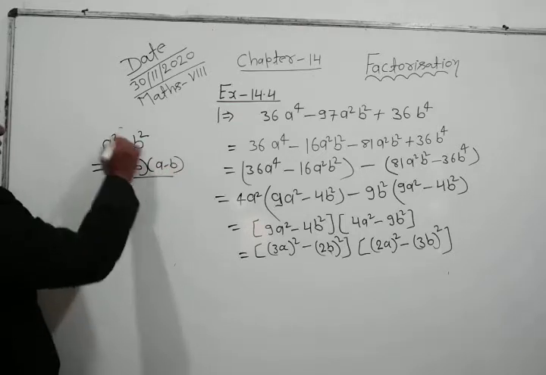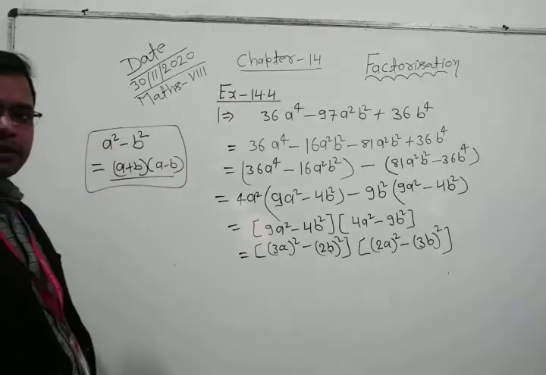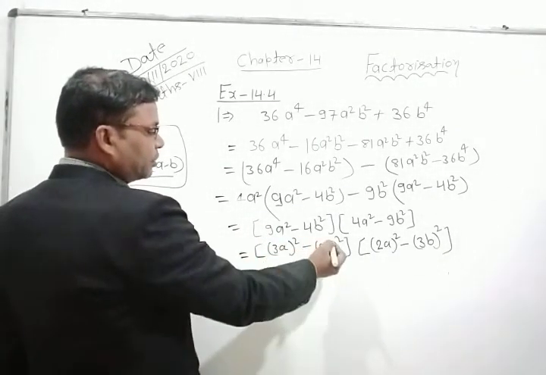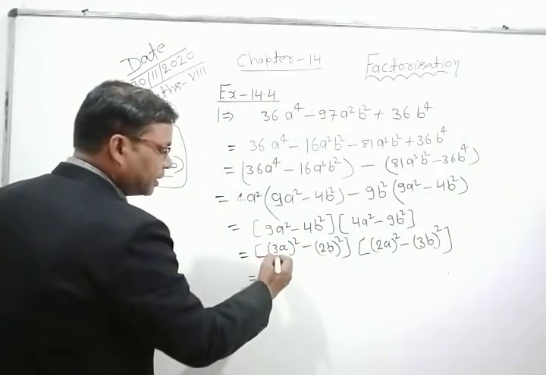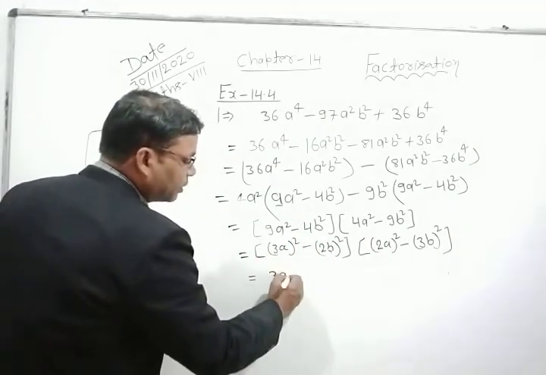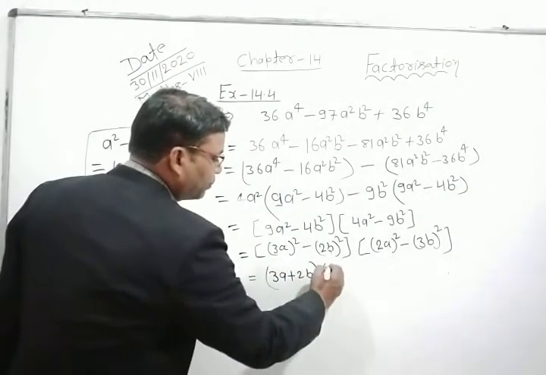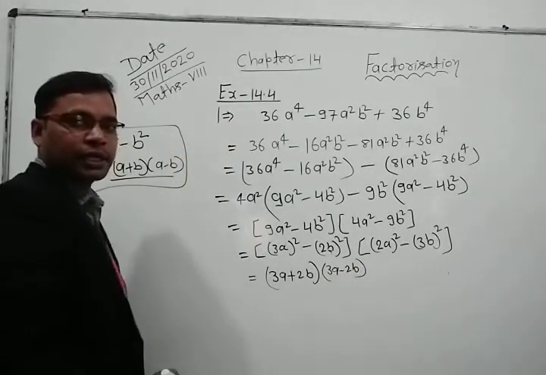Okay, this is the third identity, difference of two squares. So this square minus this square is called sum of this and difference of this. So here we obtain 3a plus 2b into 3a minus 2b. Clear?